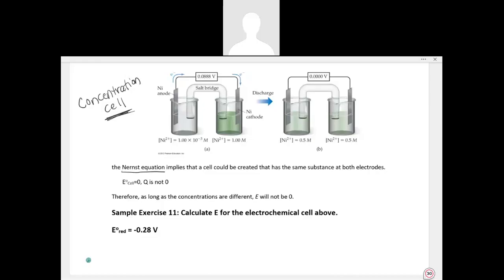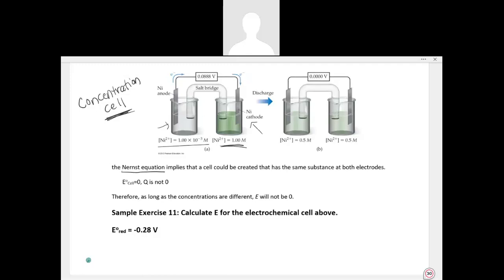As you notice in the images above, we have the same metal used in our anode as we have in our electrolyte solution. So nickel ions in the concentration of 1 times 10 to the negative third molar appear over here with a nickel anode. Then we have our nickel cathode, and we have a higher concentration here of our nickel 2+ electrolyte.